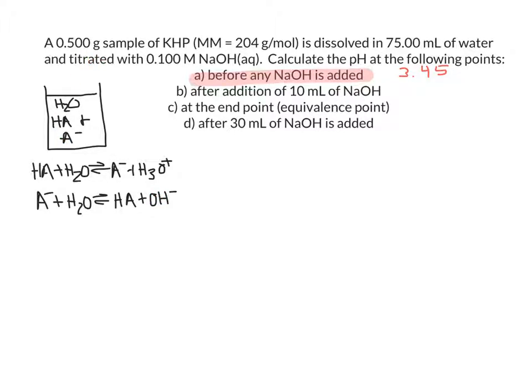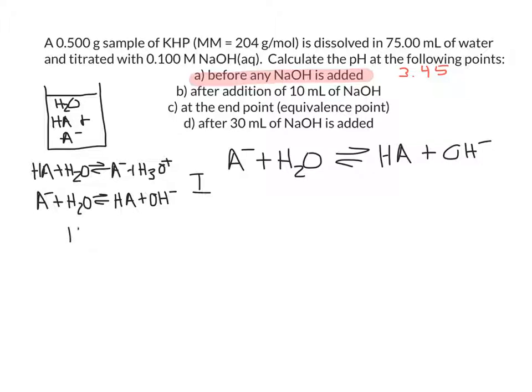So we're going to start with the equilibrium reaction between conjugate base A minus and water to form the conjugate acid plus OH minus. Now initially in my beaker I have put some HA, and in fact I know that I have put 0.00245 moles of HA.